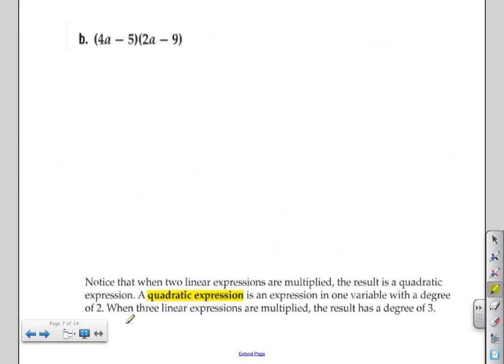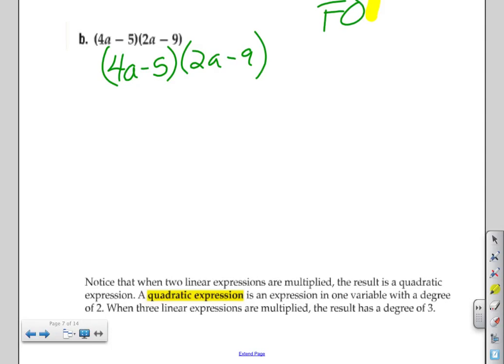Let's try another one. 4a minus 5 times 2a minus 9. FOIL, right? First, outer, oops. What happened there? That's weird. We'll just write it over here. First, outer, inner, last. FOIL.